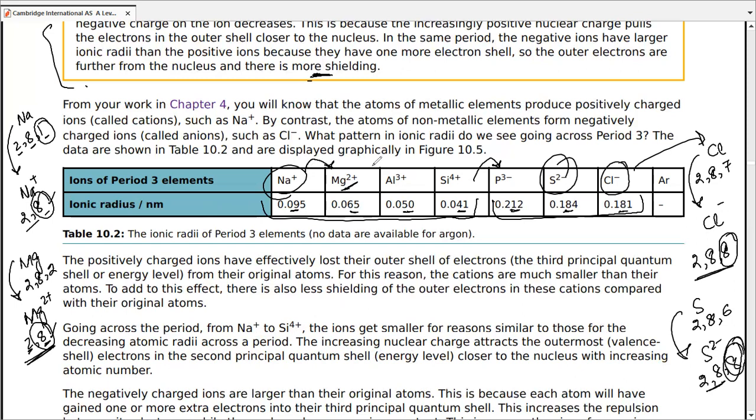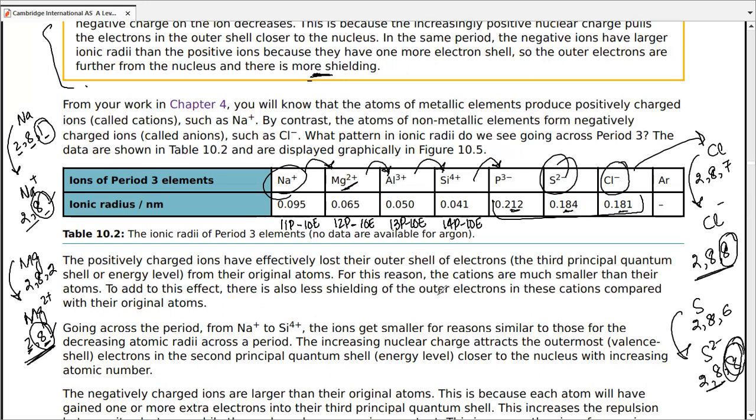sodium to magnesium or magnesium to aluminum or aluminum to silicon, there's actually an increasing charge, which means the proton and electron comparison ratio is totally different. Let me compare that for you. And we need a more spectacular or pondering eye to understand the differences. Now, in the case of sodium, it's 11 protons and they are trying to attract 10 electrons, right? If I talk about magnesium, there are 12 protons and they are trying to attract 10 electrons again. 13 protons, 10 electrons. 14 protons, 10 electrons.